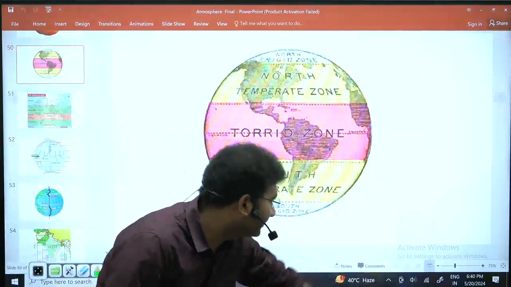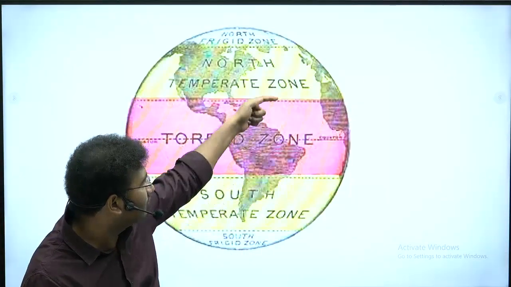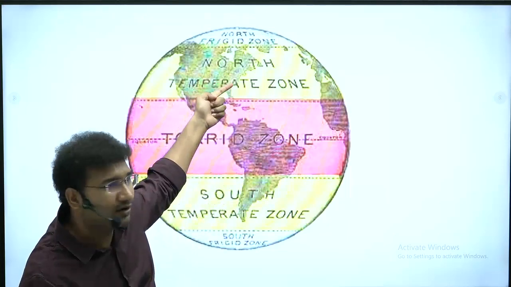Look here. We have discussed the torrid zone, Tropic of Capricorn, Tropic of Cancer, and this is the north temperate zone.